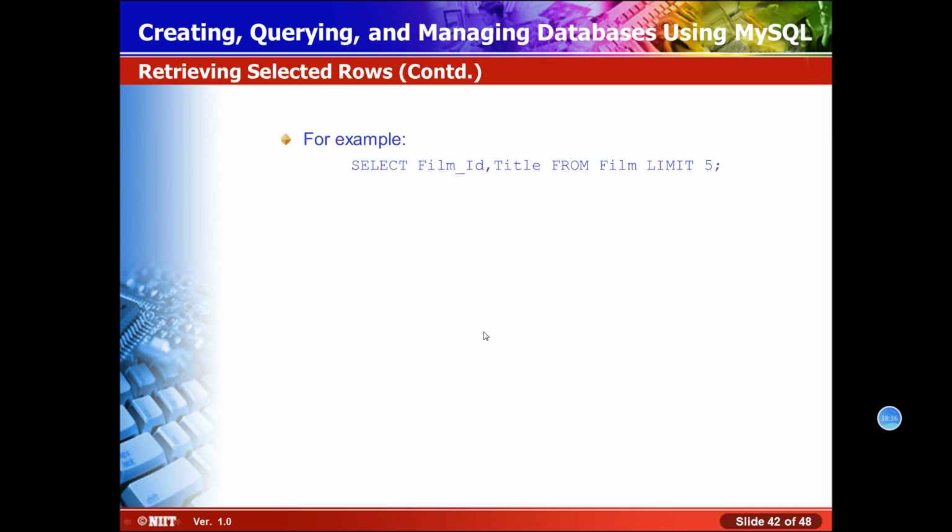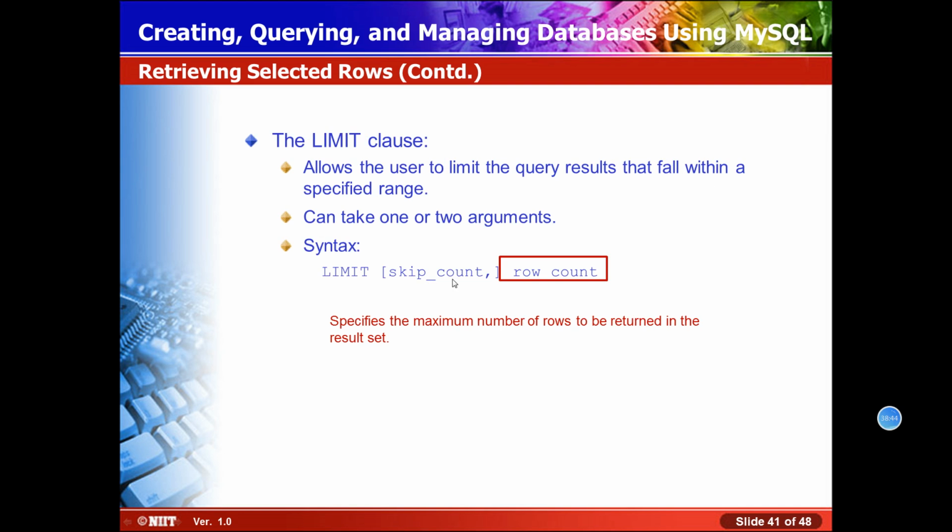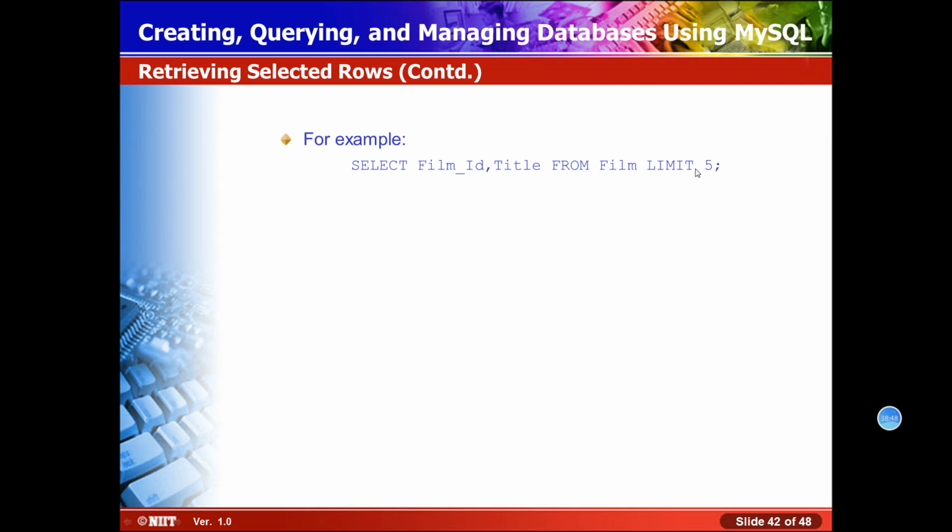Let's take an example. Select film ID, title from film, limit 5. So you can use two values. First let me show you with one value and then we will check for two values. So let's see this example here.